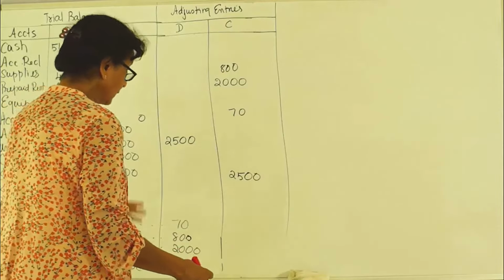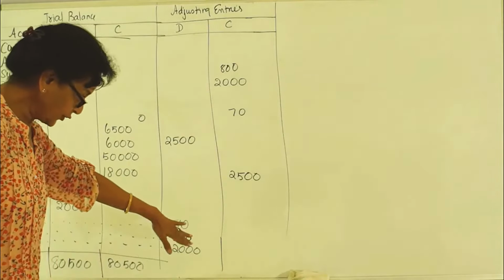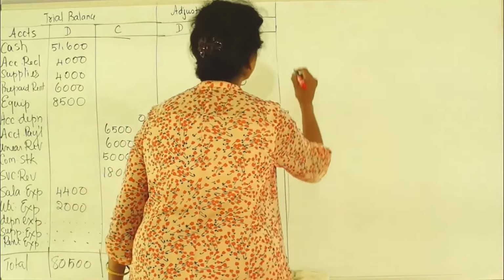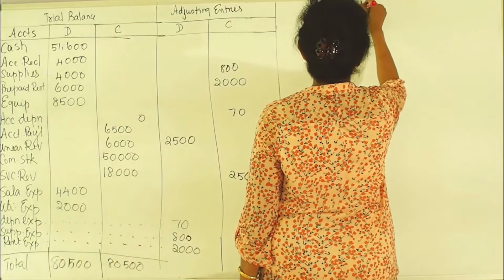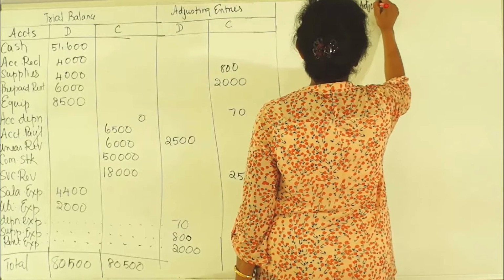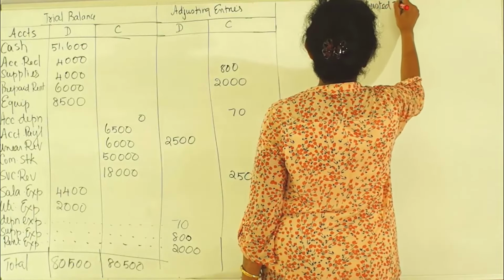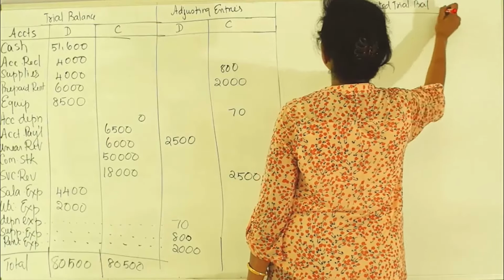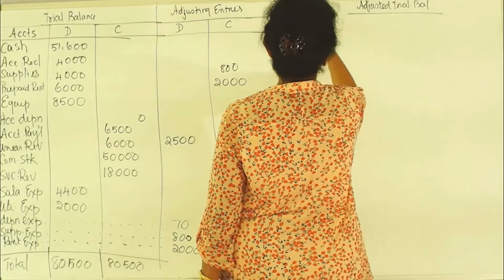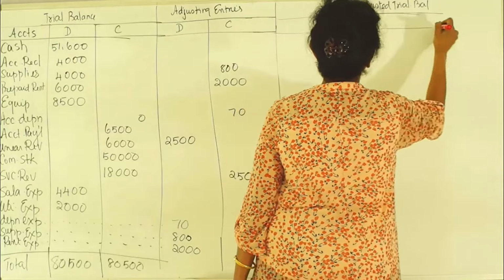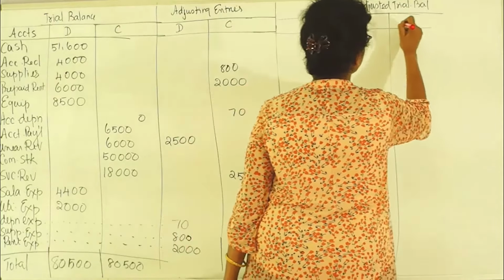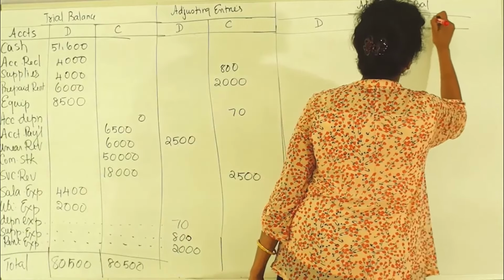Next one. So these are all the adjusting entries, and then I'm going to prepare the adjusted trial balance. So here again we have the debit side and the credit side.